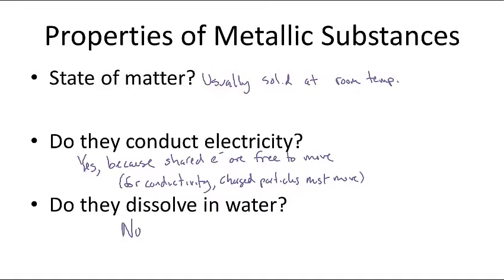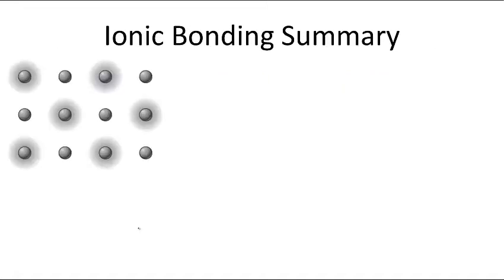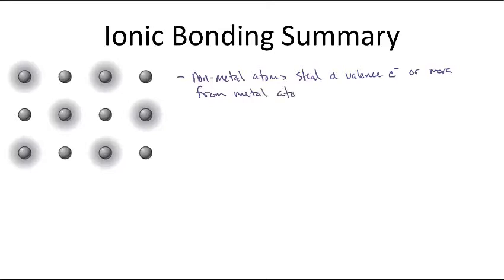Okay. Ionic bonding summary. Strong nonmetal atoms steal a valence electron or more from metal atoms, creating plus and minus ions.